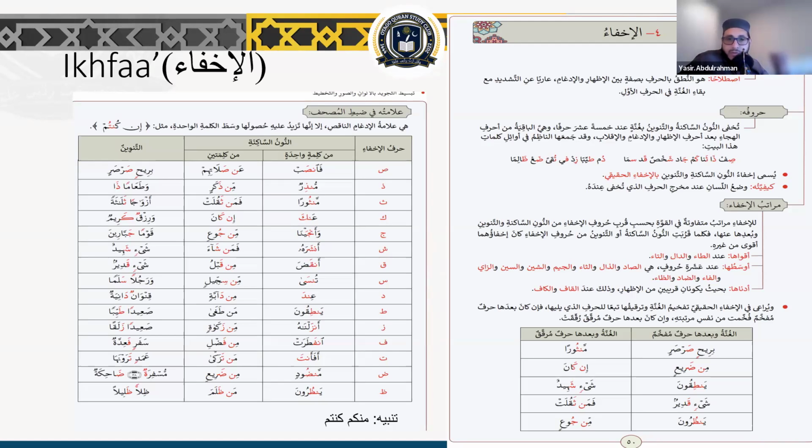The most complete ghunna is when you have noon shadda, mim shadda, then this comes next, which means it has to be a little bit less than noon shadda or mim shadda, and higher than the other cases of the lengthening of the ghunna, which is the idhar next, and then you have the last part, which is the noon mutaharrika. So noon fatha, noon dhamma, noon kasra, because it has a natural, original nasal part in it. So it has to be consistent with the others. You can't make it longer in other places.